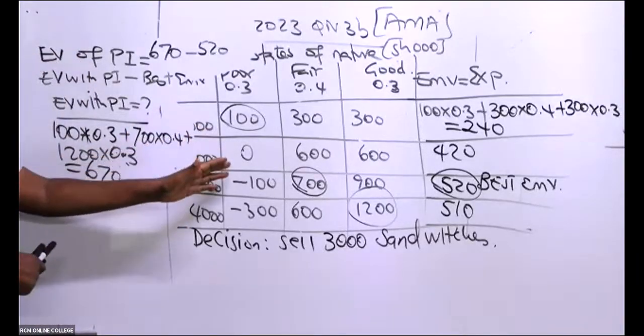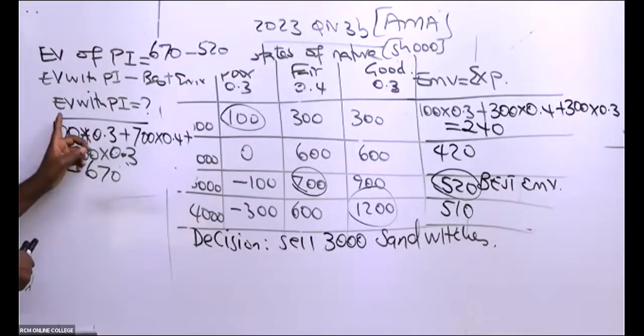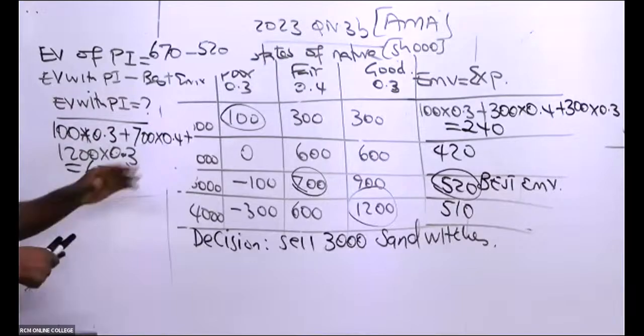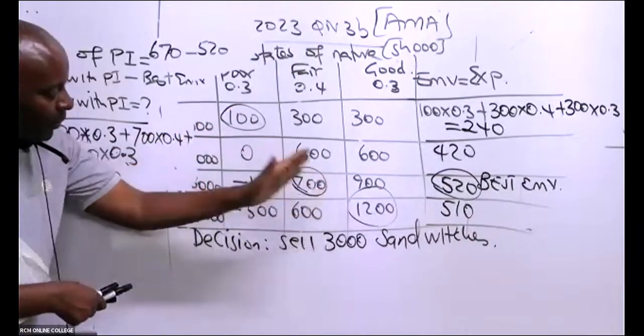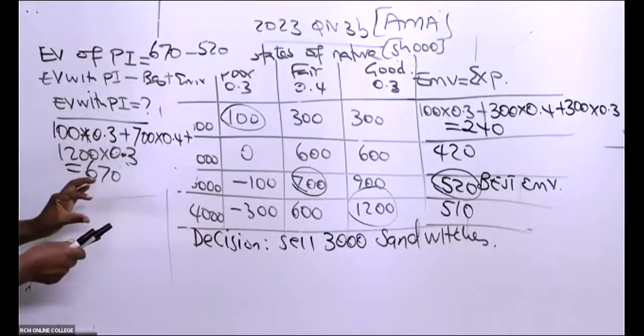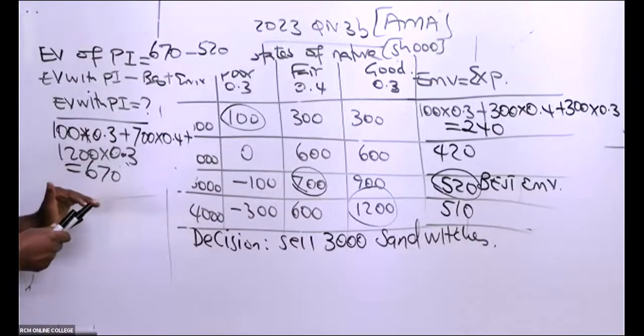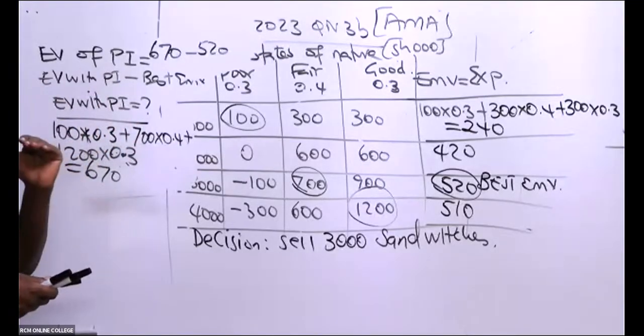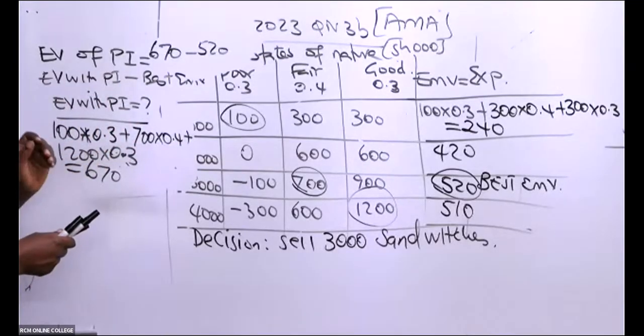Then you average it by giving us the expected value with PI, multiplying with the probabilities and summing together, giving us 670. So 670 minus 520 gives us 150.